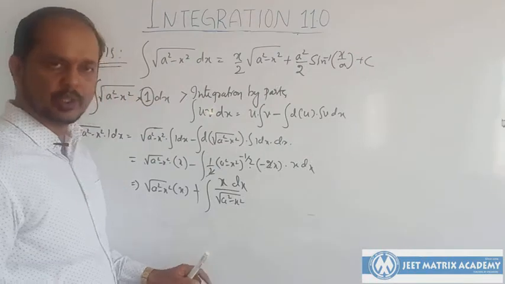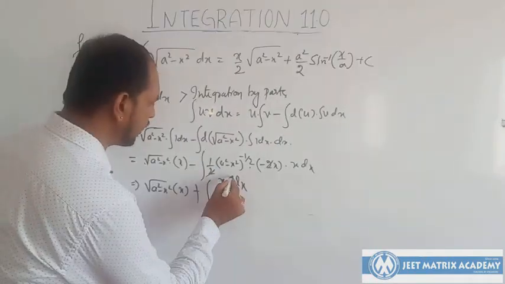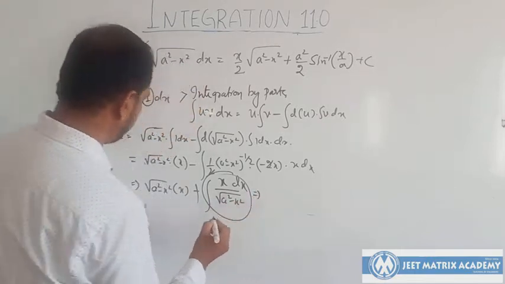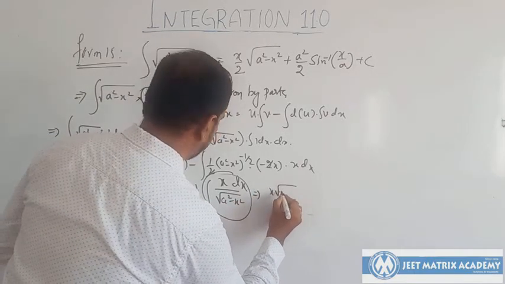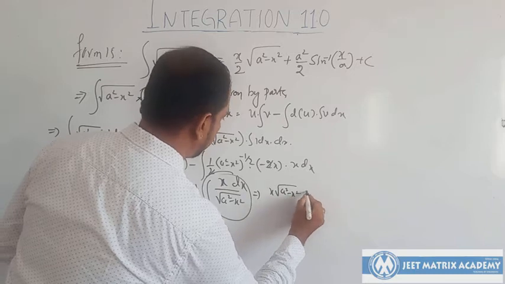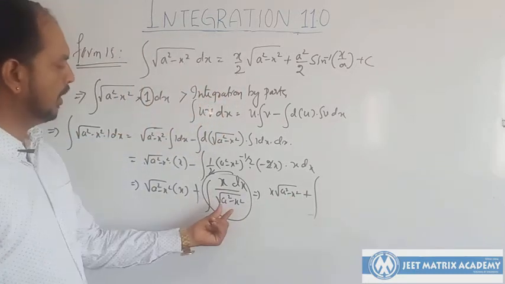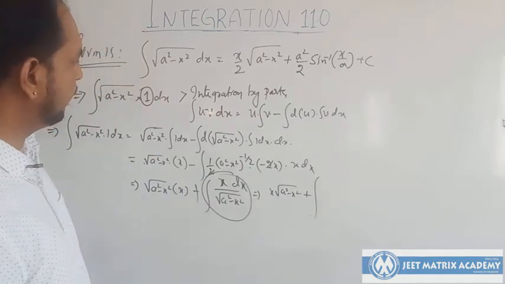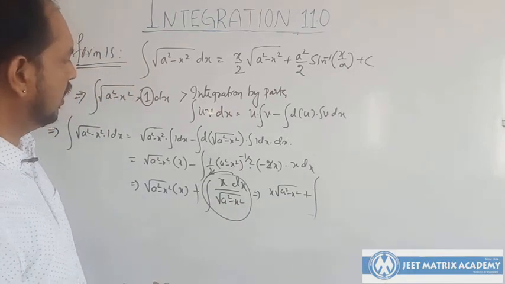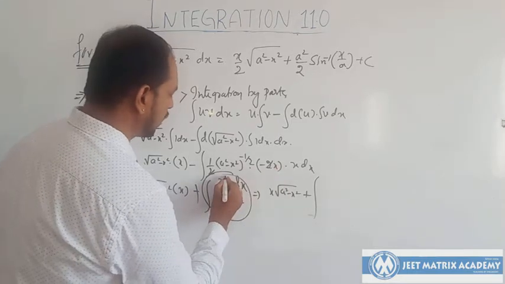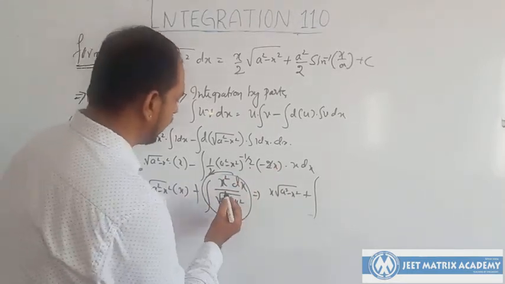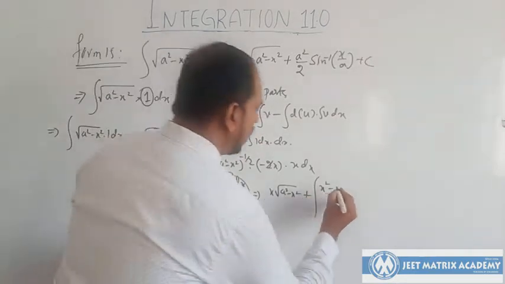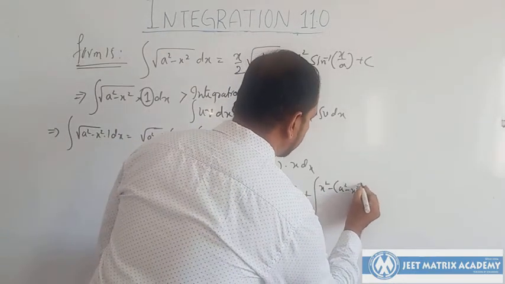Now what you are supposed to do is manipulate this part. I mean to say, this will be equal to x into root of a square minus x square plus integration of, what I am supposed to write is, x into x, this is x square, okay, and x square minus, in bracket, a square minus x square.